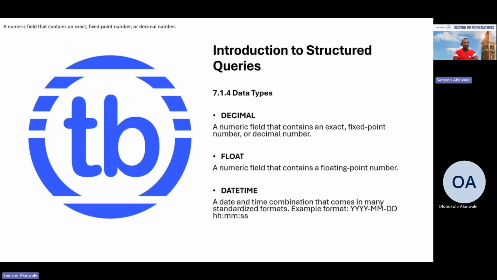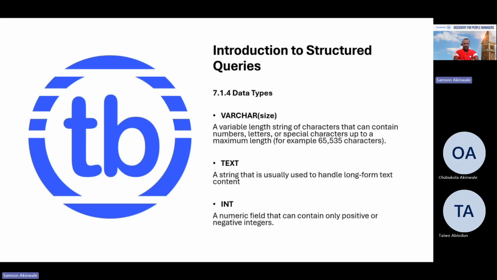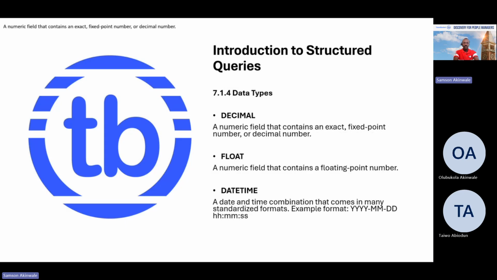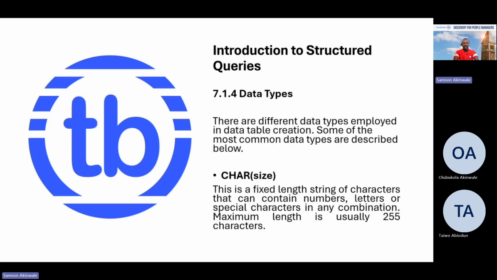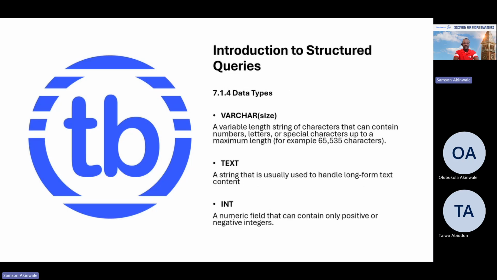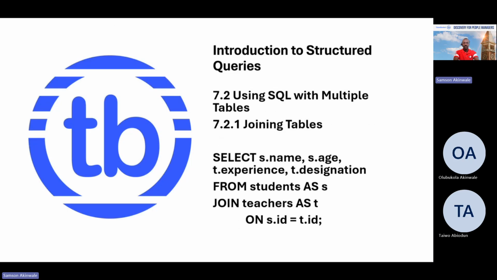So as at the last session, we concluded on the different types of data that we necessarily use in SQL. And after that, we moved straight to joining a table, or extracting data from not just a single table this time around, as we have extensively done already.